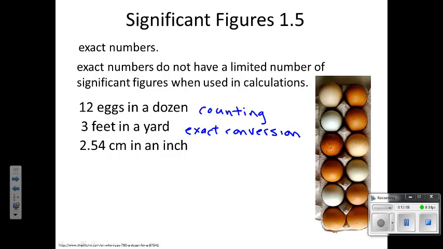So this will all become more clear once you start using these things in calculations, because there are rules about how to manage significant figures in calculations. But first of all, you have to know what significant figures are and when to judge that a number is significant or not.